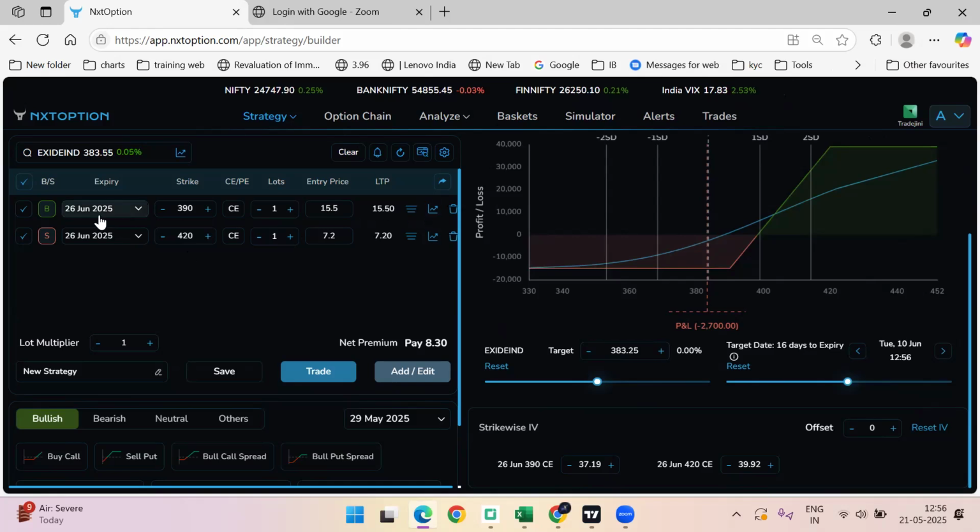So obviously, this 390 premium will increase due to delta factor and due to theta decay, it may slightly reduce.